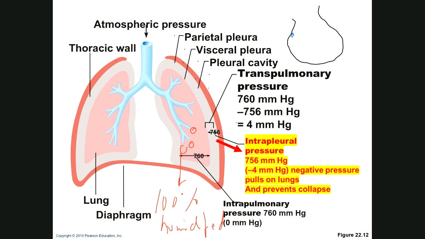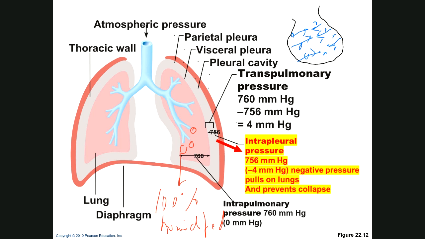And the water molecules cling to each other and want to stick to each other. So the walls of the alveoli tend to stick to each other and collapse. So there's another force that is collapsing the lungs.